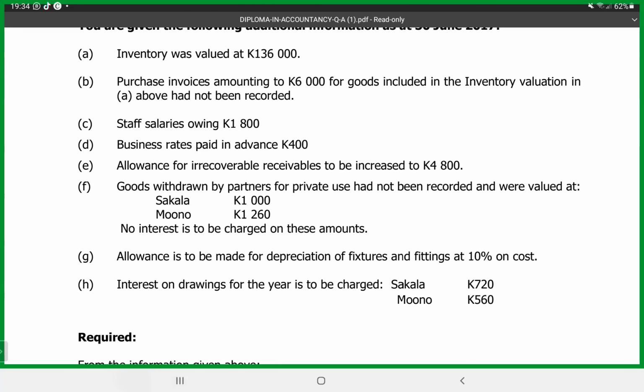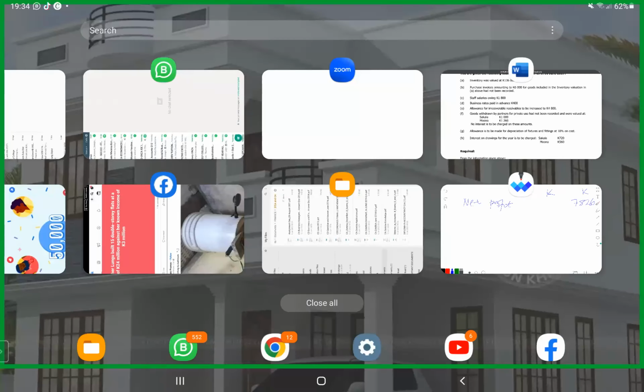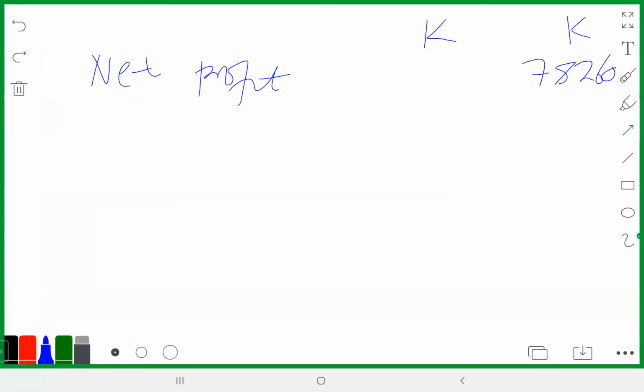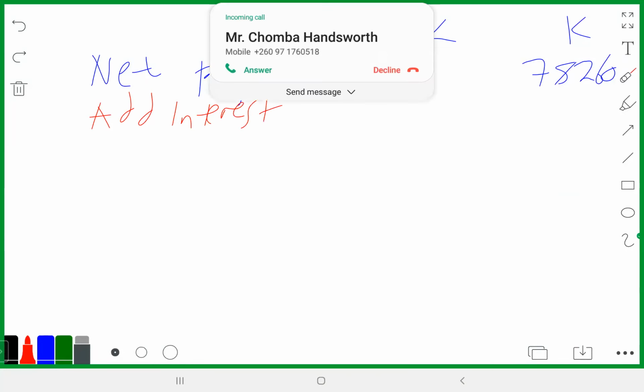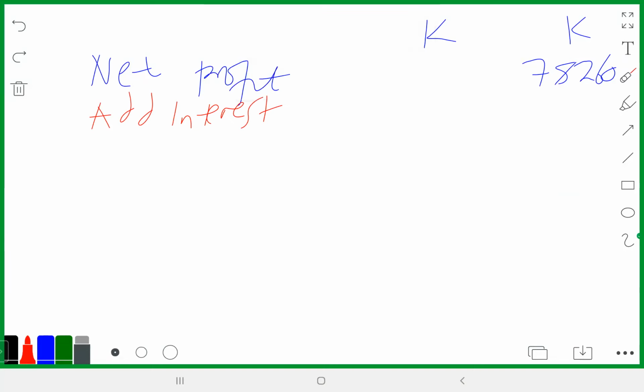So add interest on drawings. Just go ahead and add the interest on drawings. Interest on what? On drawing.